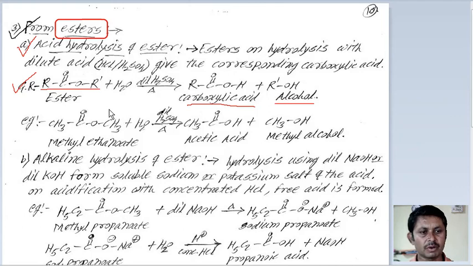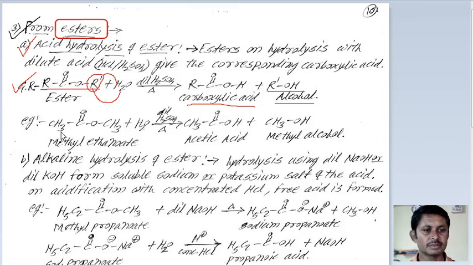How is it formed? By the replacement of the alkyl group by one hydrogen atom of the H2O we get RCOOH, and that alkyl group combined with the remaining OH group gives an alcohol.